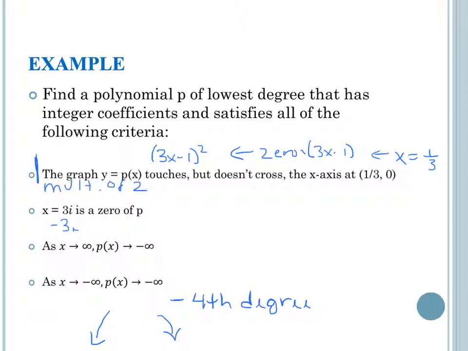And so if x equals 3i, that tells me I have the factor x plus 3i and x minus 3i.